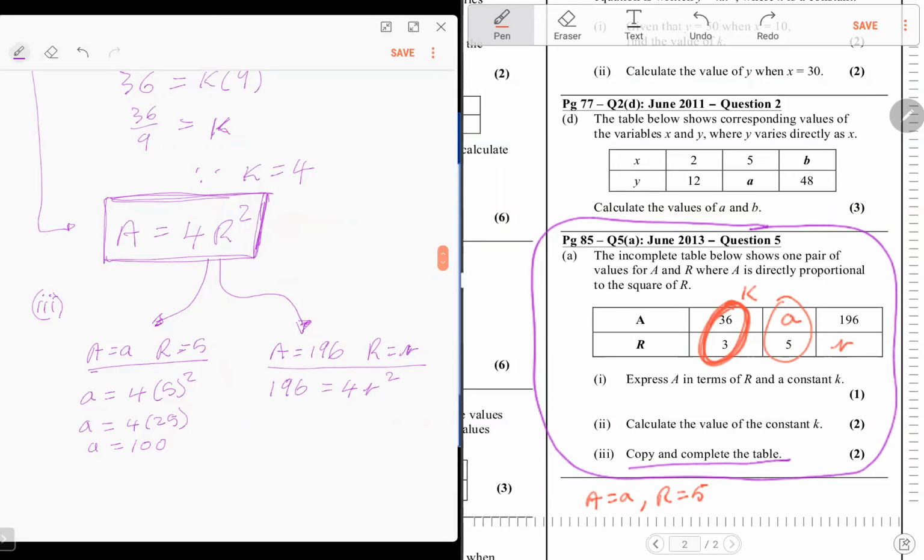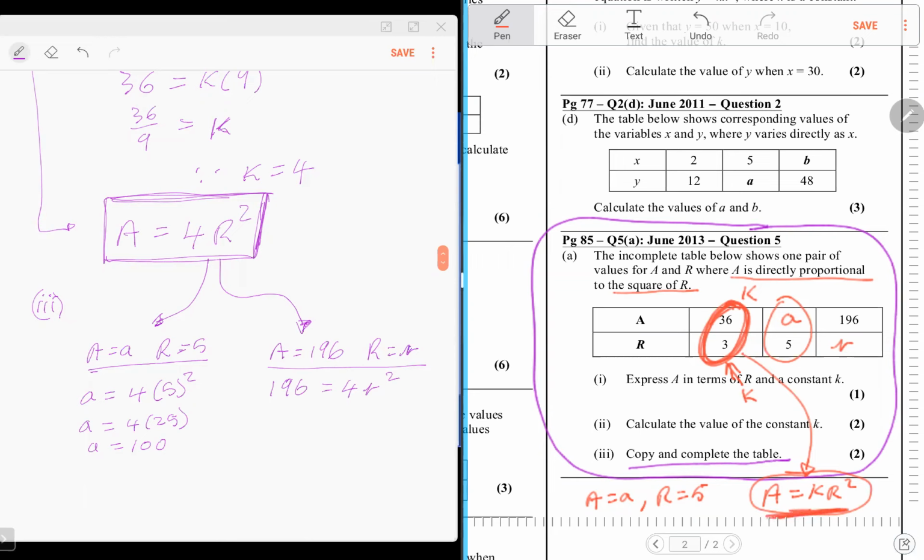The main thing is to know that this statement, A is directly proportional to R squared, means that A is equal to a constant times R squared. Then use these values to find the K, by plugging them in here. Put A equals 36 and R equals 3 inside here, and you work out the K. When you know the K, you put it in the same formula.